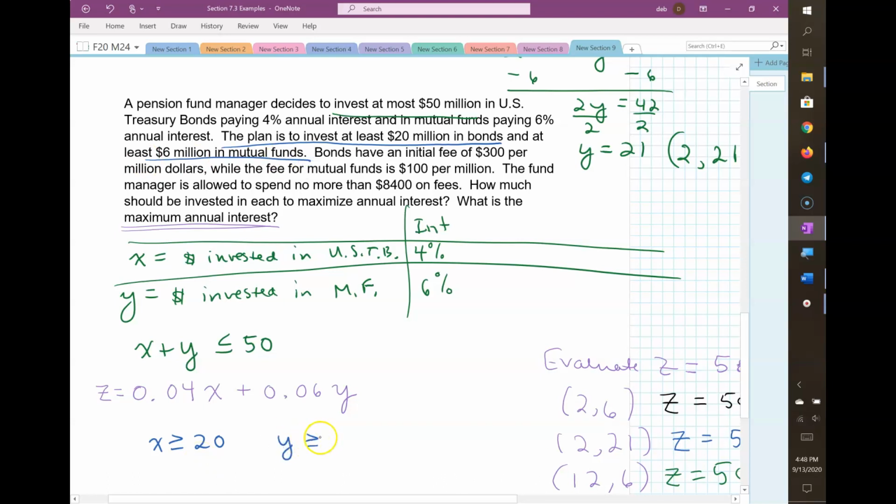So at least 6 is what we have for Y. And then bonds have an initial fee, so let's collect this information. Bonds have an initial fee of $300 per million. And mutual funds have a fee of $100 per million.